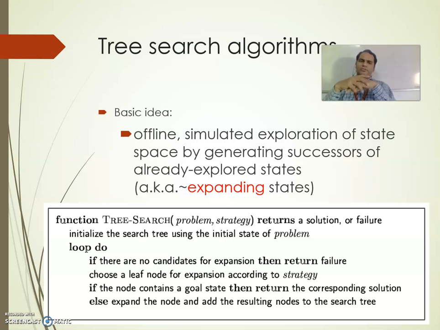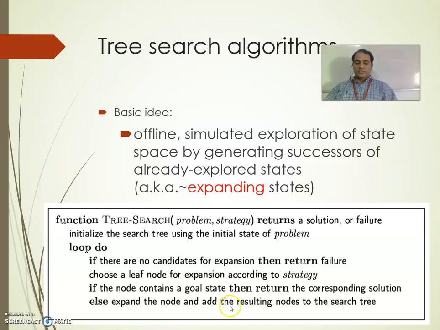For example, if I am having a map of Telangana, and in Hyderabad I am, and from Hyderabad I need to reach Khammam, then I will find a solution. But if I am having a map of Telangana and I am searching for a solution of reaching Vijayawada from Hyderabad, that state is not included in my state space. Then obviously it cannot find the solution. So there is a possibility of failure.